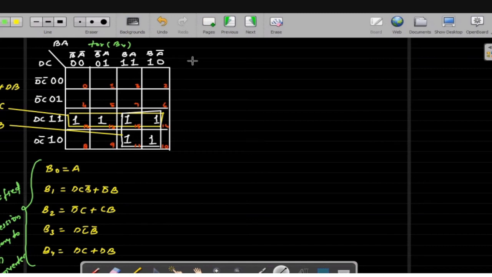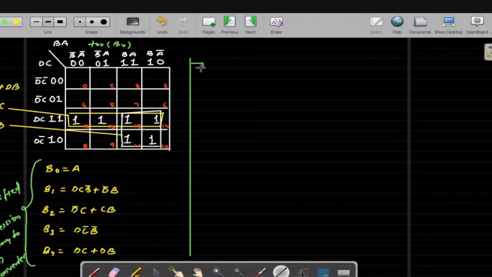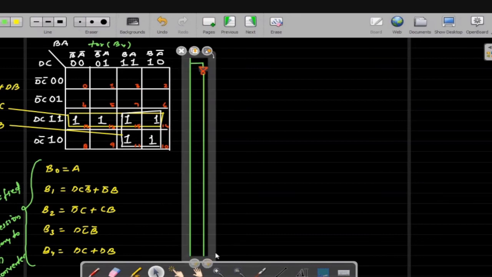So now let's implement it. First of all, let me draw all the input terms which we can associate. Let us consider this is for D, and I will duplicate it.